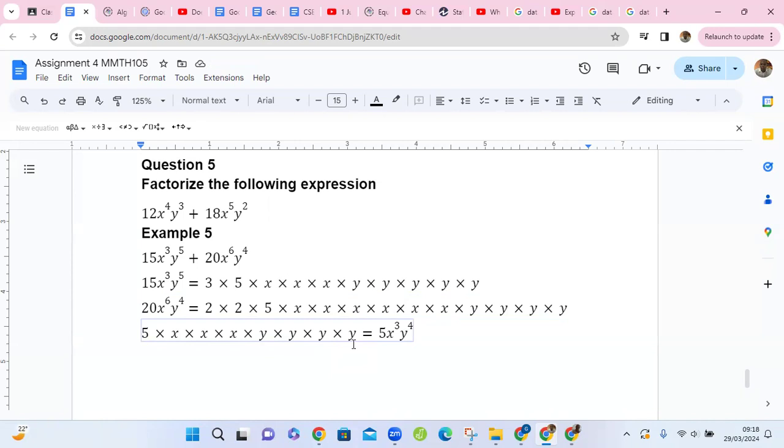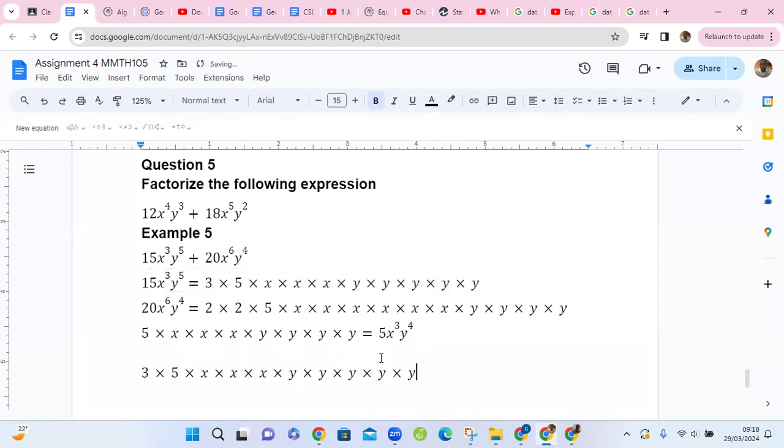Now, what comes inside of the bracket? We have to divide out the highest common factor from each expression to know what comes inside of the bracket. When we divide out 5 from the first expression, we are left with 3. And when we divide out the x times x times x, they are all extracted.